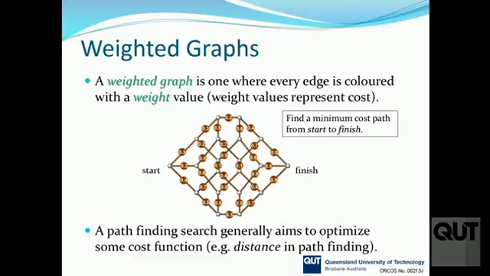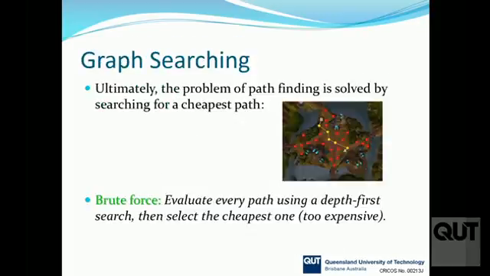So all kinds of searches are looking at optimizing cost functions. So the problem of pathfinding is basically to solve searching for a cheapest path.